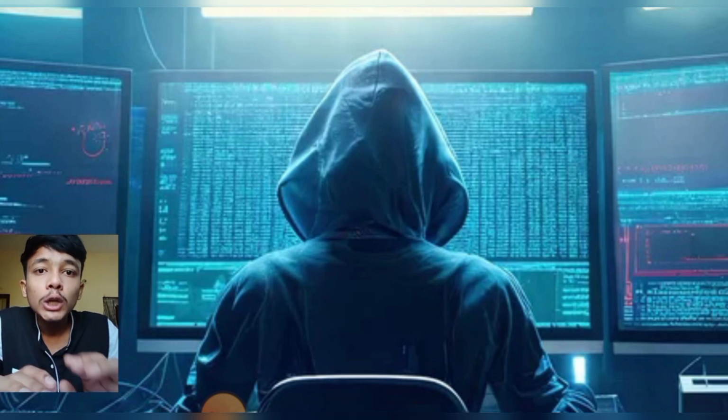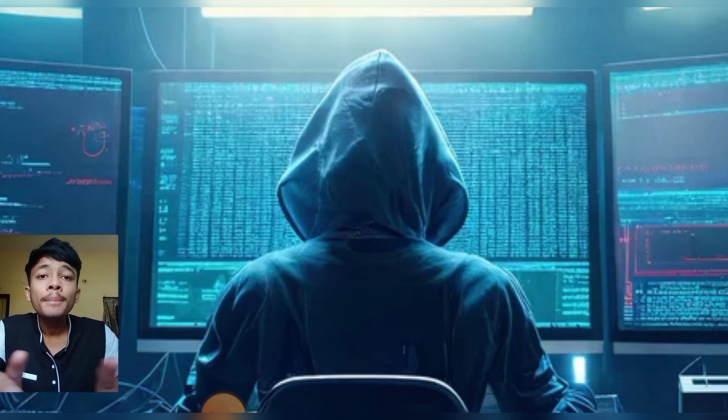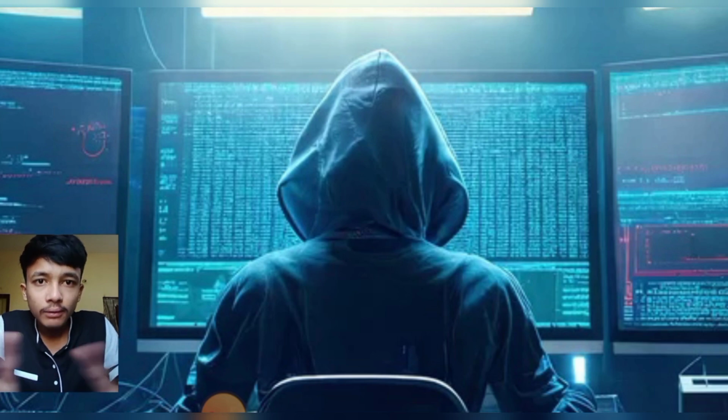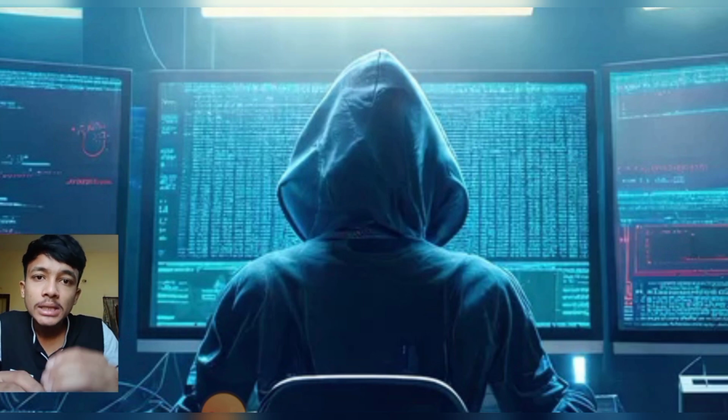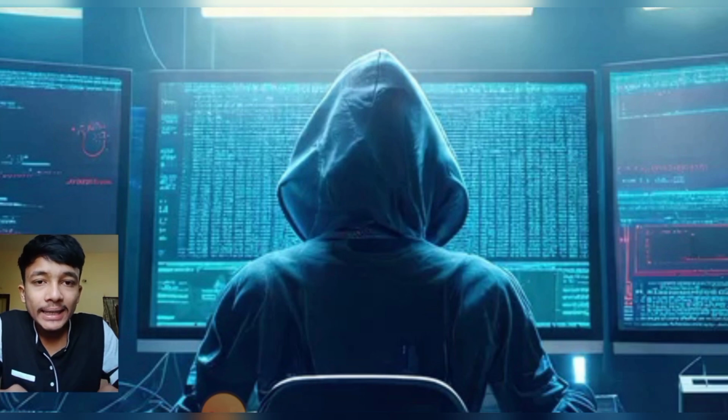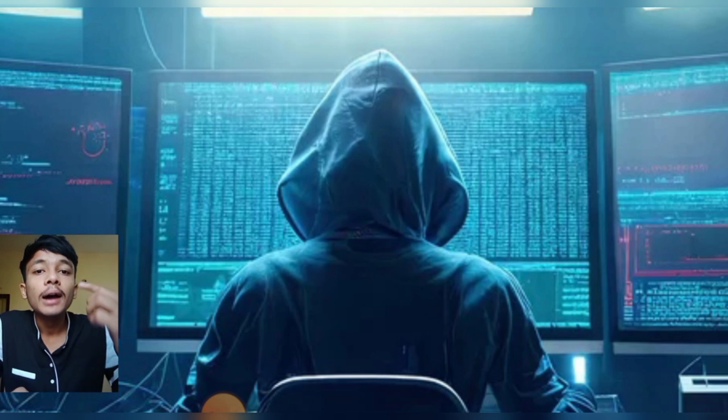It will take you to a browser, because the hacker will make a fake web page, the same as Amazon. By clicking the link, it will not take you to the app. It will take you to the browser, where you will see the same buy one get one offer.